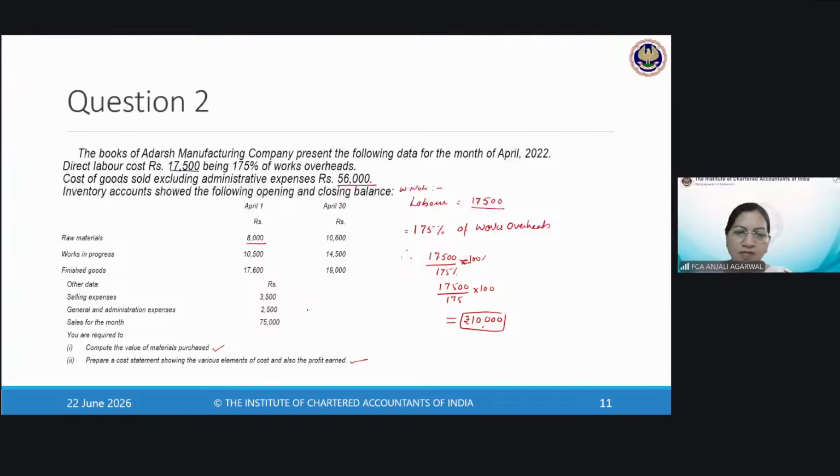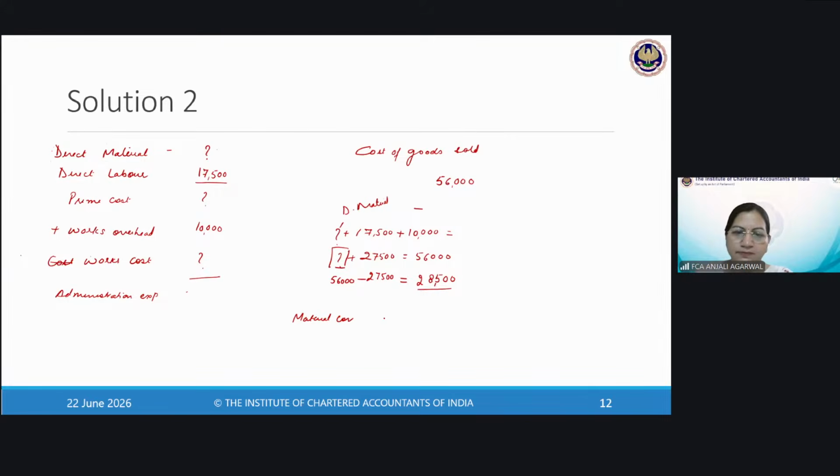So material consumed, which is opening stock plus purchases minus closing stock, is equal to 28,500. So when you solve for this, purchases will be equal to 28,500 plus 10,600 minus 8,000.